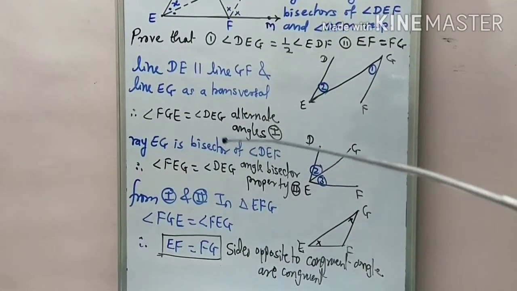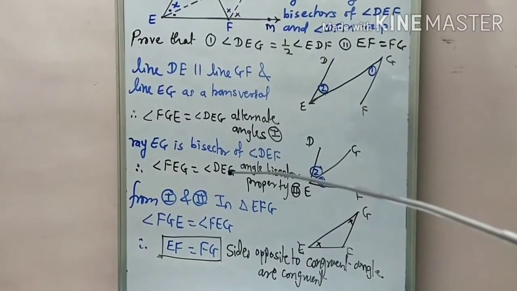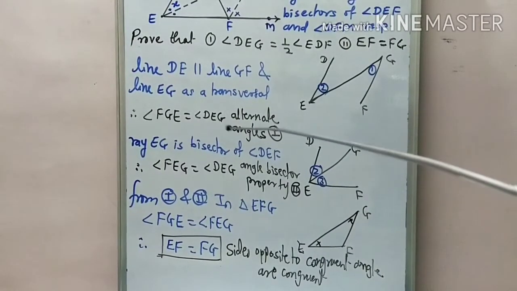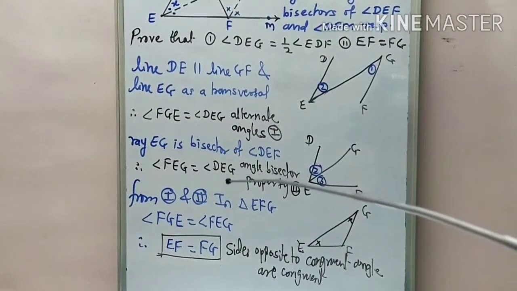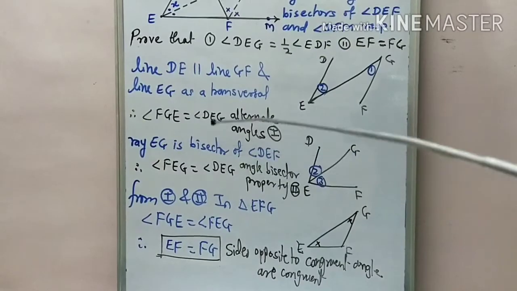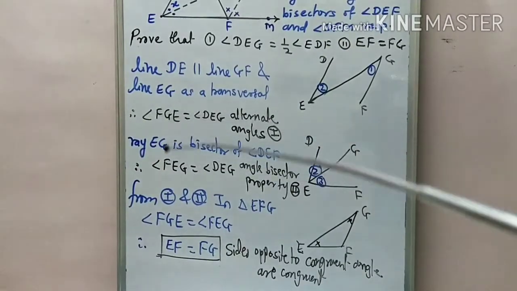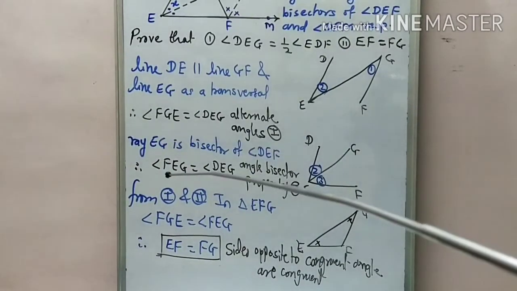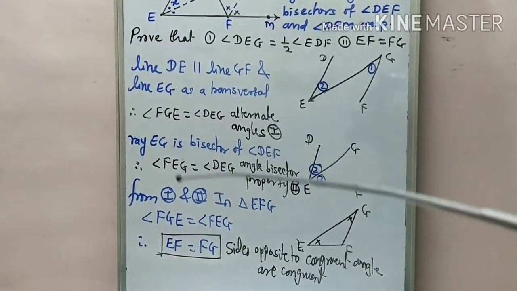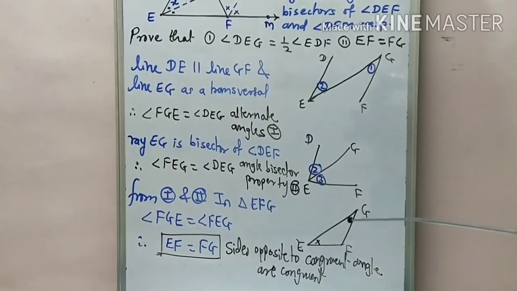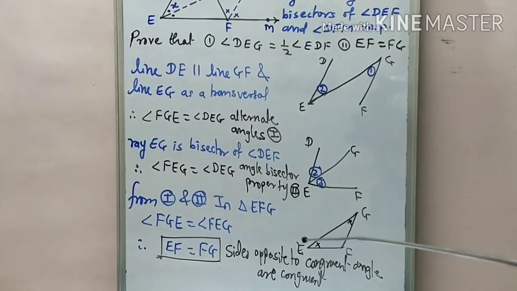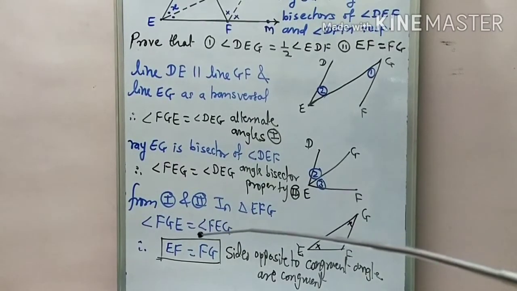So as we compare 1 and 2 in triangle EFG, we get angle DEG on the right side in both, means the left-hand sides are also the same, and in triangle EFG, angle FGE and angle FEG are equal in measures.